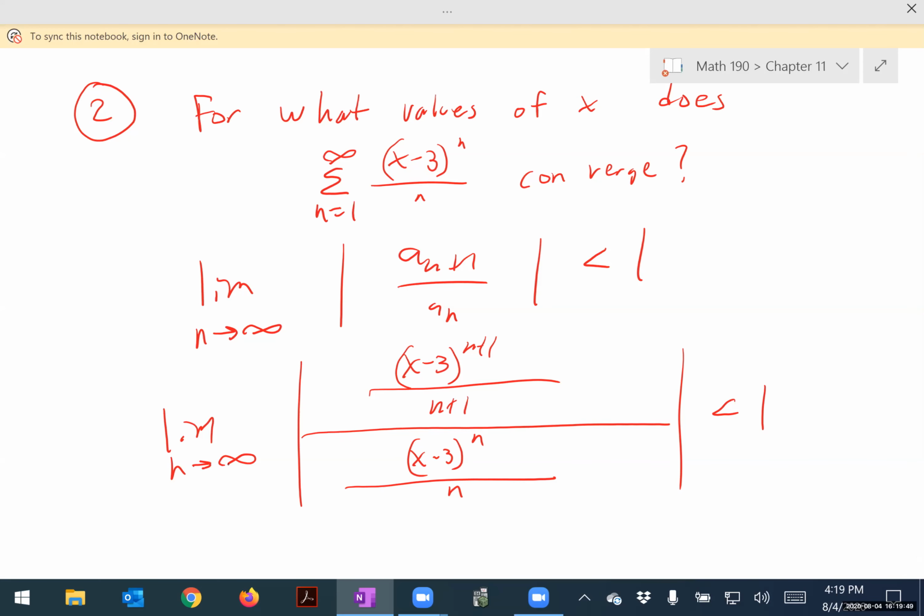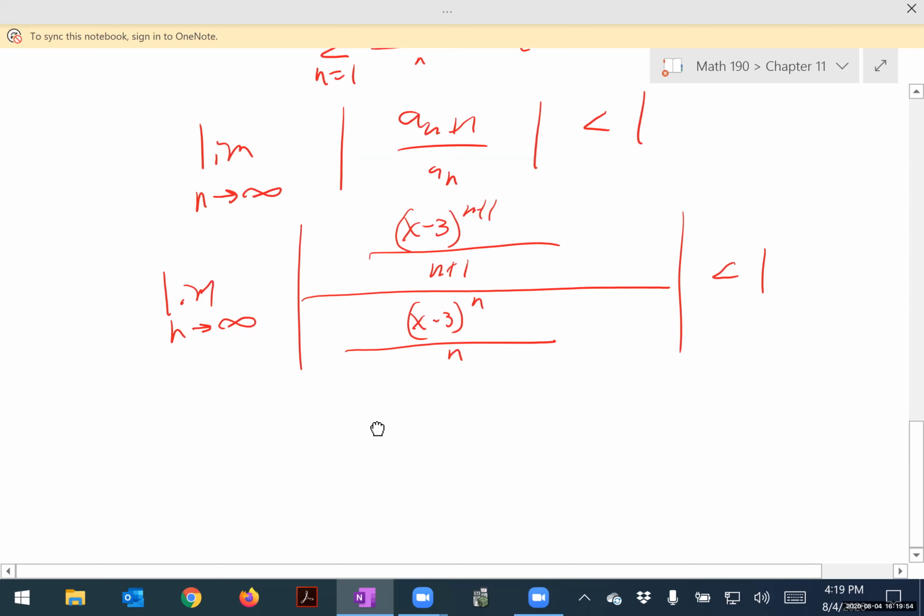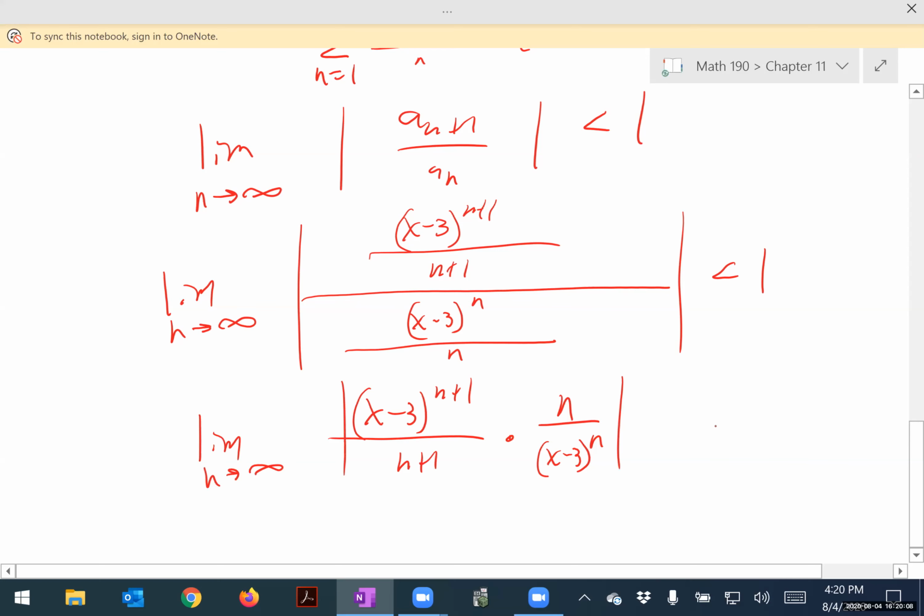Let's see what happens here. This thing is going to be (x minus 3) to the n plus 1 all over n plus 1 times n over (x minus 3) to the nth. Okay, let's take the limit of that as n goes to infinity. And when is that less than 1? For what values of x is this less than 1?